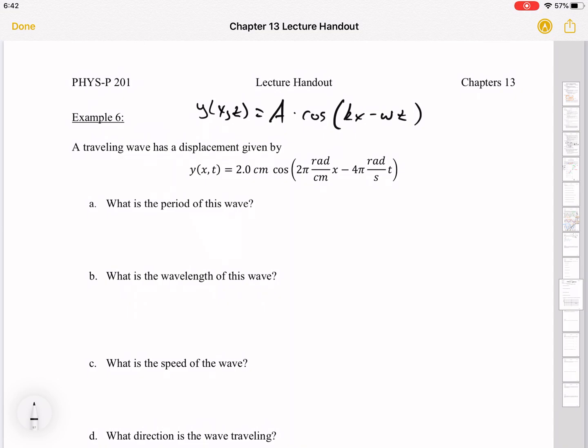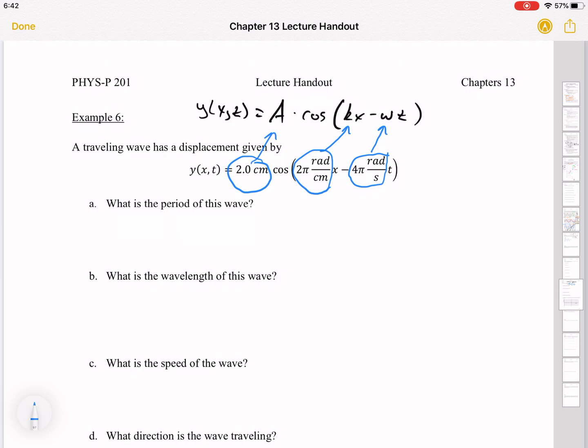So whatever's sitting in front of t must be omega. So this is omega. This must be the wave number k, and whatever's sitting in front of cosine must be the amplitude.